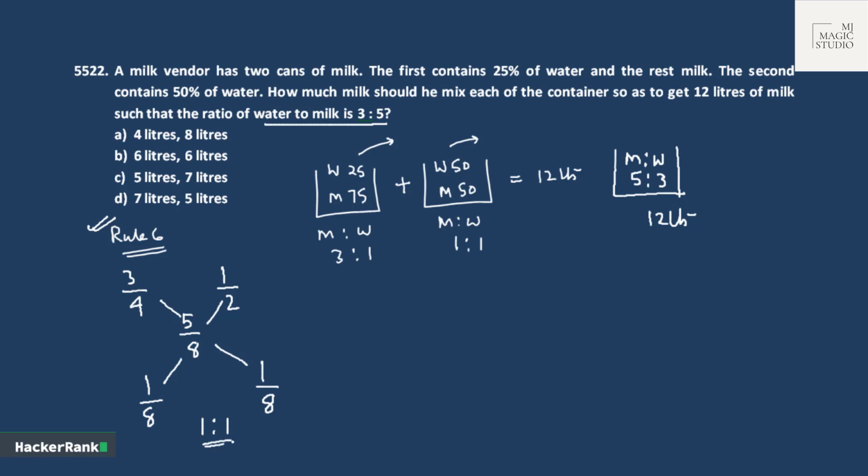So the ratio required is 1:1. Divide 12 liters in the ratio of 1:1, we'll get 6 liters, 6 liters. We need 6 liters from the first jar and 6 liters from the second jar. When mixed, we'll get 12 liters of the new mixture of milk and water, where the milk and water ratio would be 5:3. Option B is the pick.